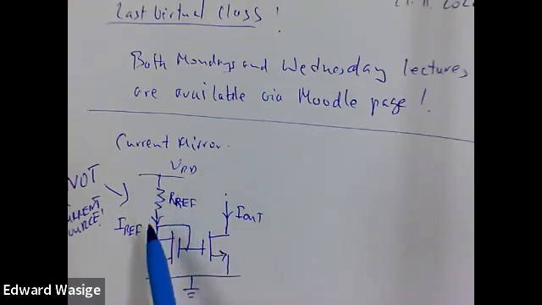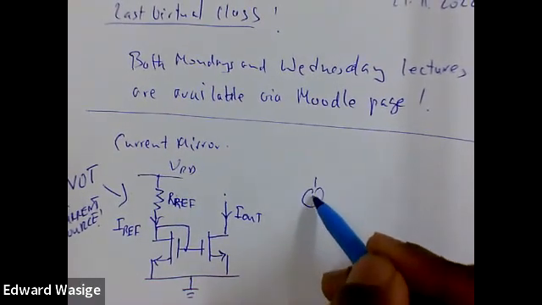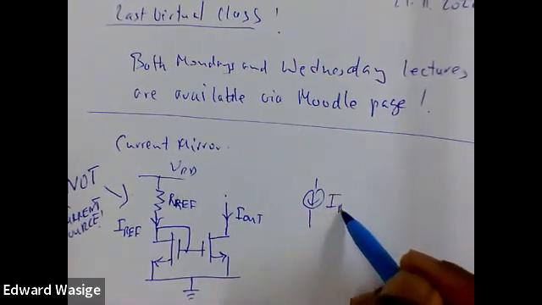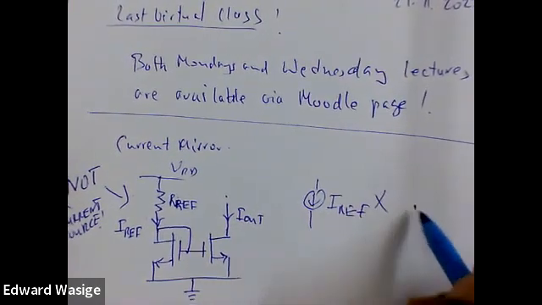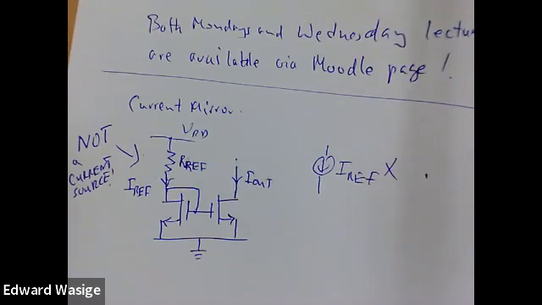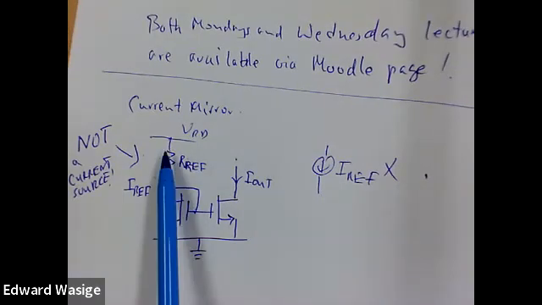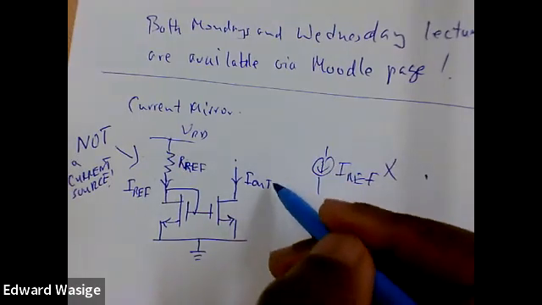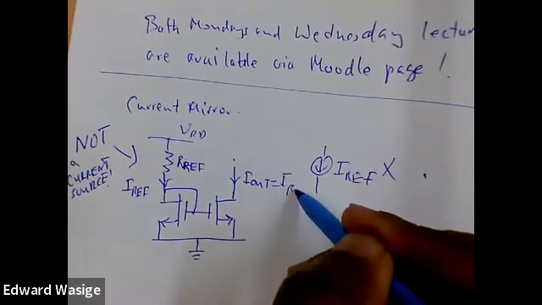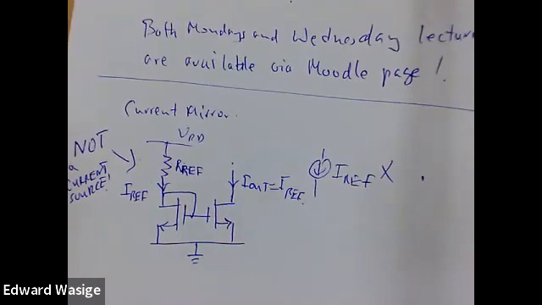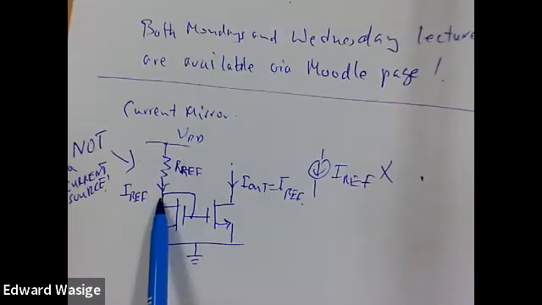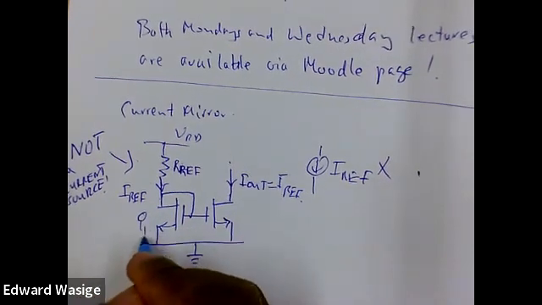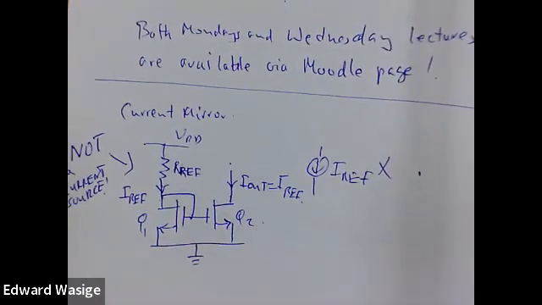One or 2 textbooks draw this with this symbol, IRF. I think that is an incorrect way of depicting what is happening. It's just a reference current, in that I out is equal to IRF. So whatever current flows in transistor Q1 is the same as in transistor Q2.